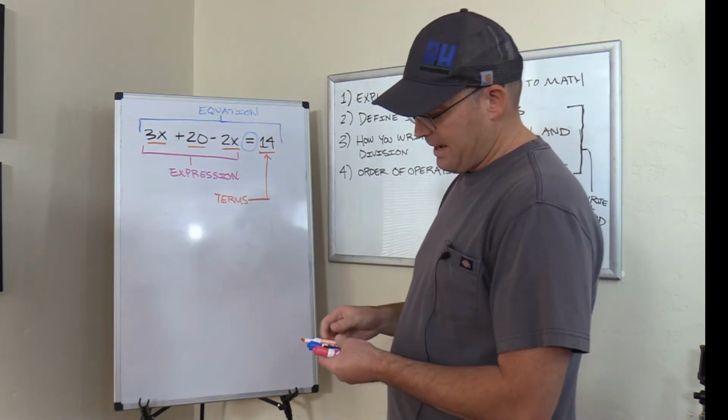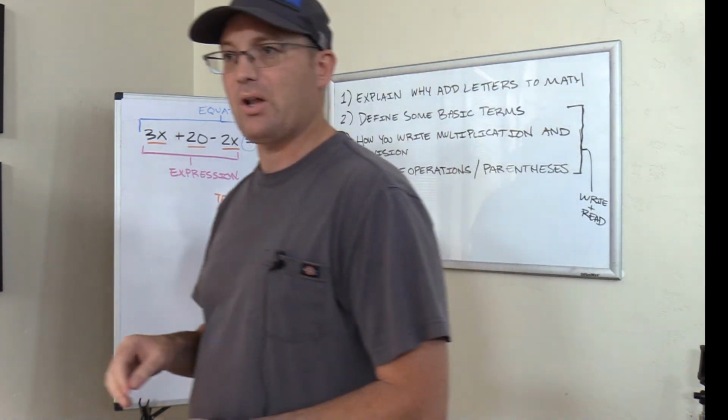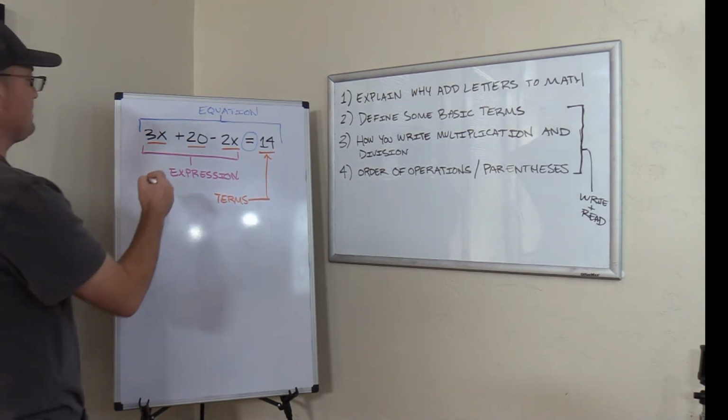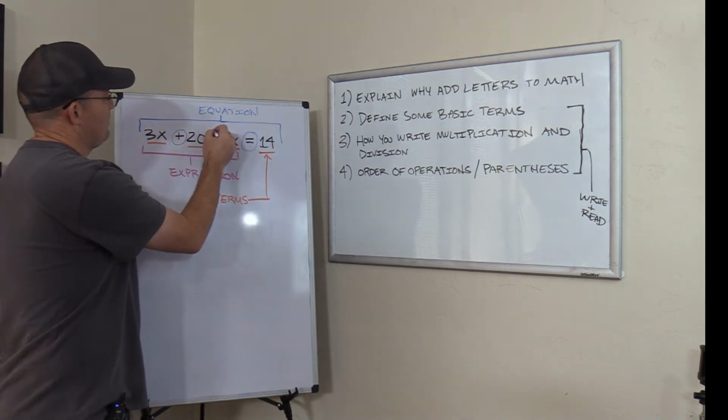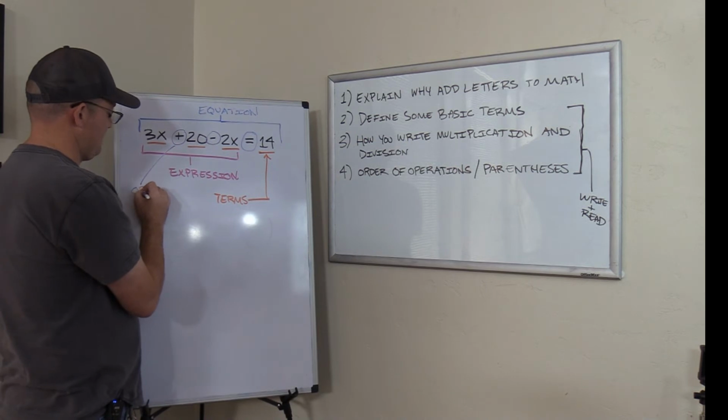Okay, now I'm not sure what they call it in algebra, but I know in programming, this plus and the minus right here, okay, in programming, these are called operators.